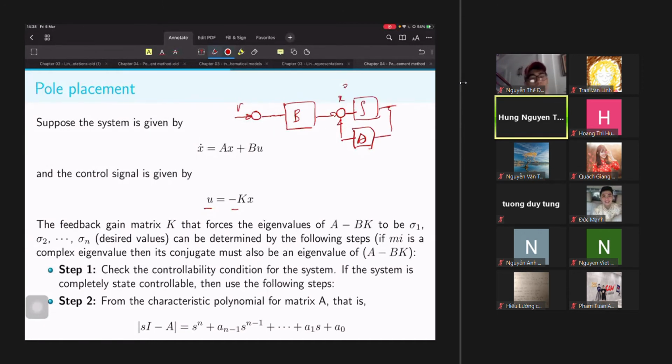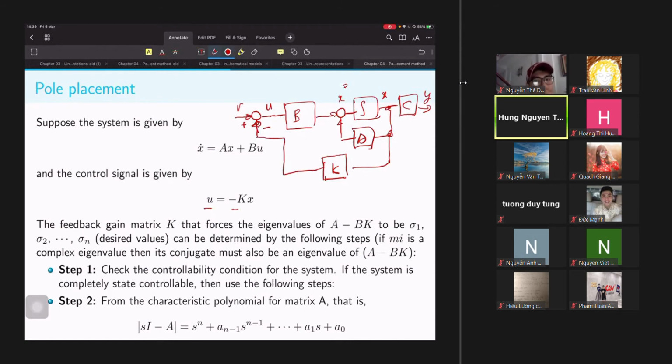So here we got x, then C, and here y, and assume that all of x is available for feedback. So we put minus k here, or you can put k here and then plus. It doesn't matter. This is u, and with the plus minus here it will be minus k.